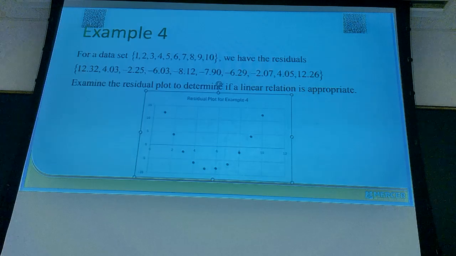Does a linear relation seem appropriate here? Why?